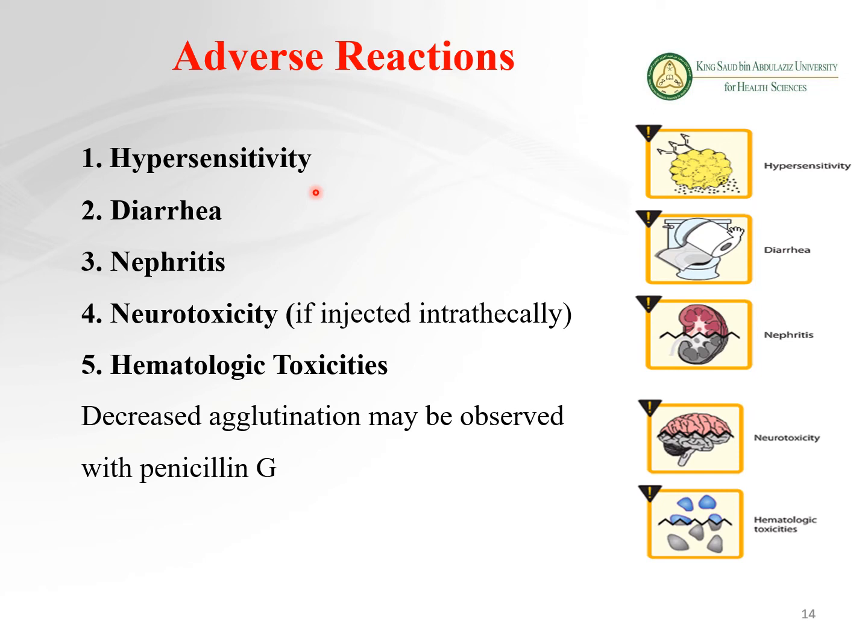Along with that, it can produce diarrhea, nephritis, or neurotoxicity if injected intrathecally into the spinal cord. Hematological toxicity that can decrease agglutination may be observed with penicillin G. So it can decrease the coagulation or agglutination of the blood.